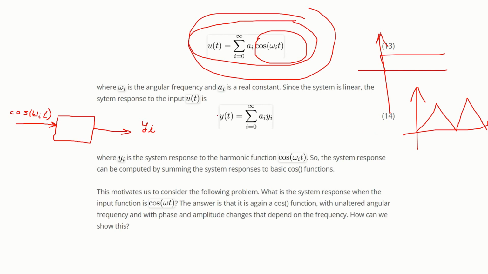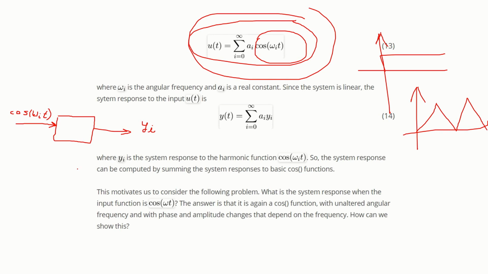Now, since the system is linear, the system response to a sum of signals is the sum of system responses to these individual signals.